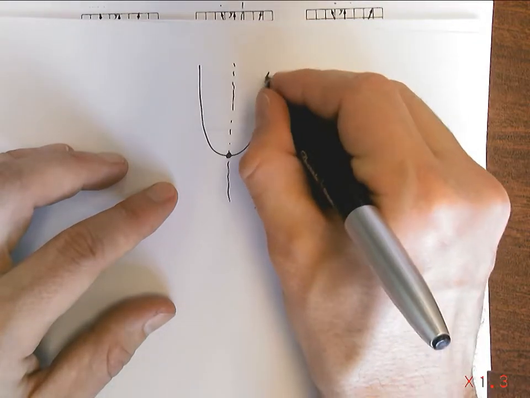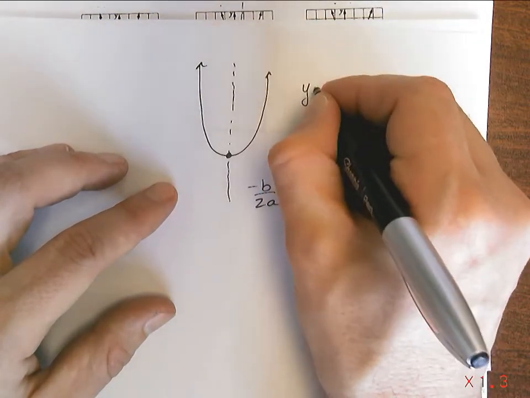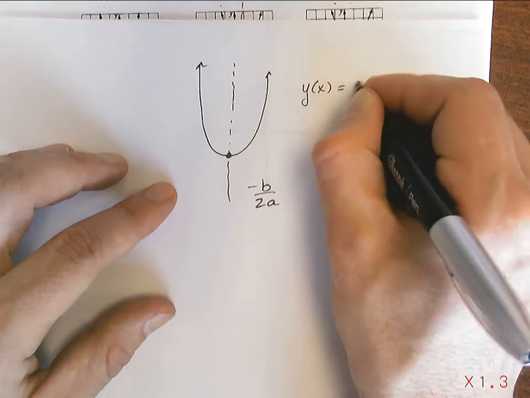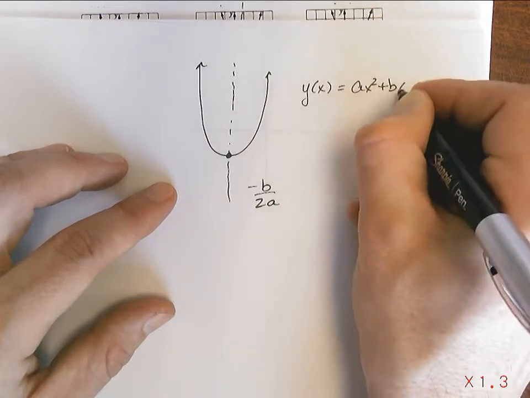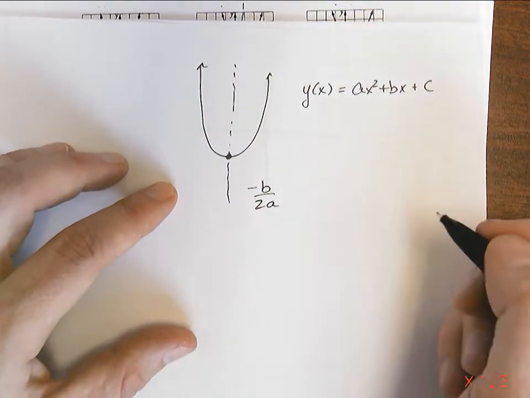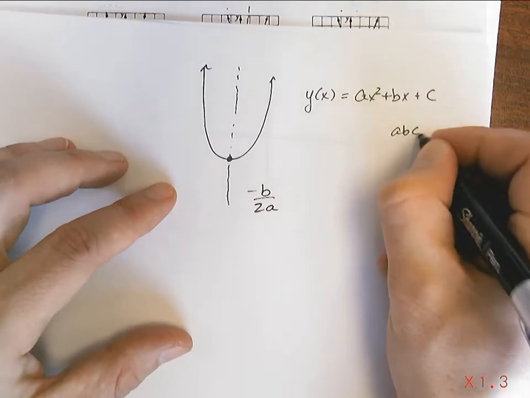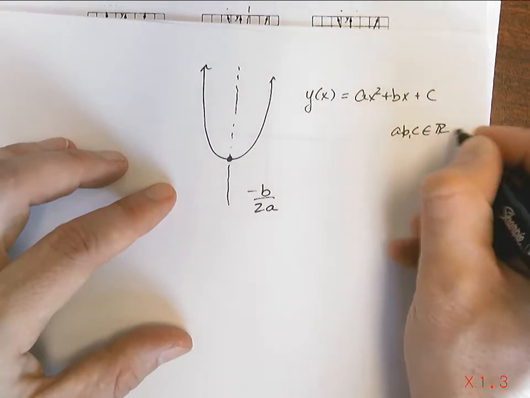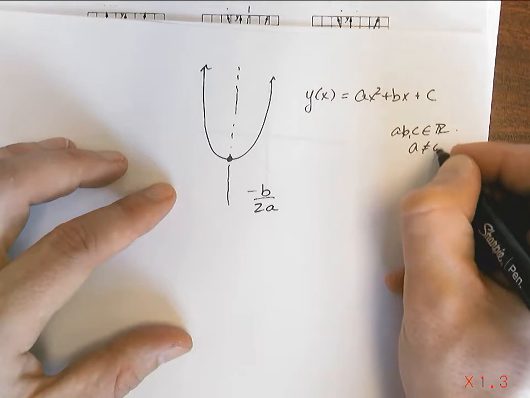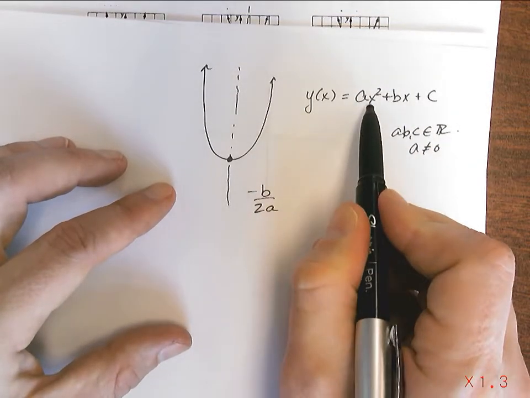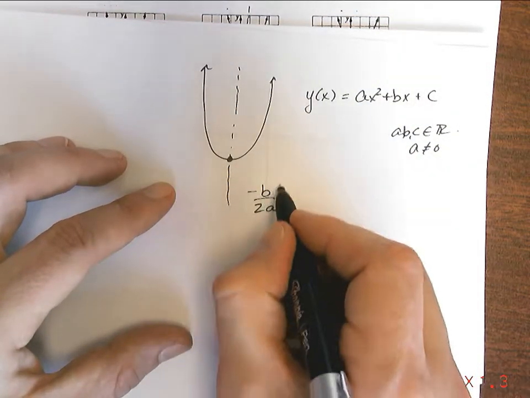Given that this quadratic has the equation ax squared plus bx plus c, where a, b, and c are elements of the real numbers, and a cannot equal 0. So this is what we have for this quadratic. This axis of symmetry will be here.